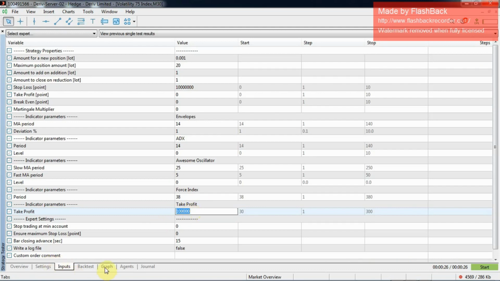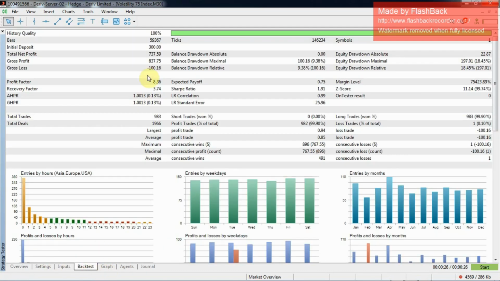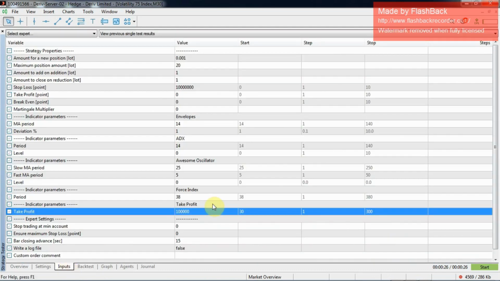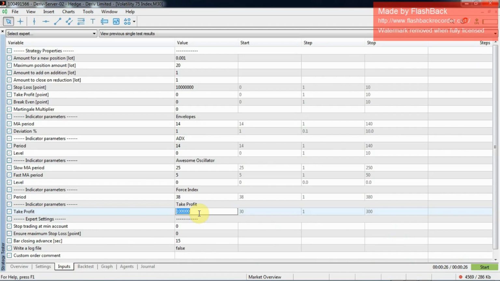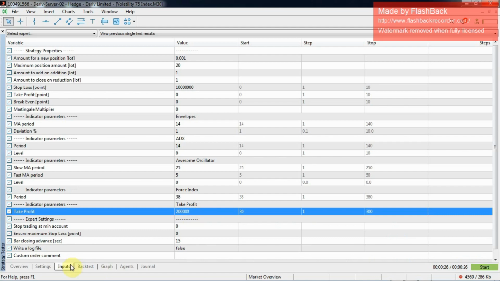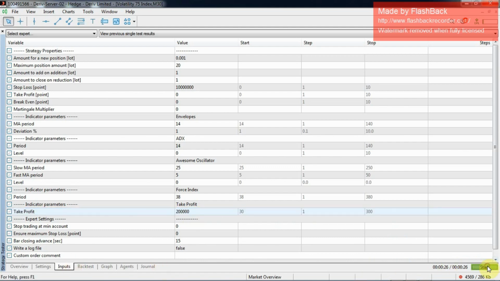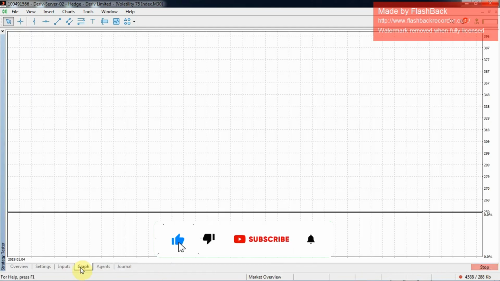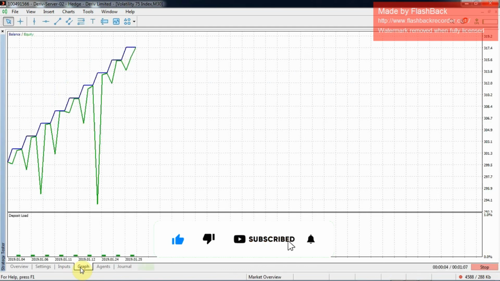So let's see if we can double the take profit and see if the gross loss and the gross profits will increase, especially the gross profit. That's what matters. Let's see if by doubling the take profit we increase the gross profits.